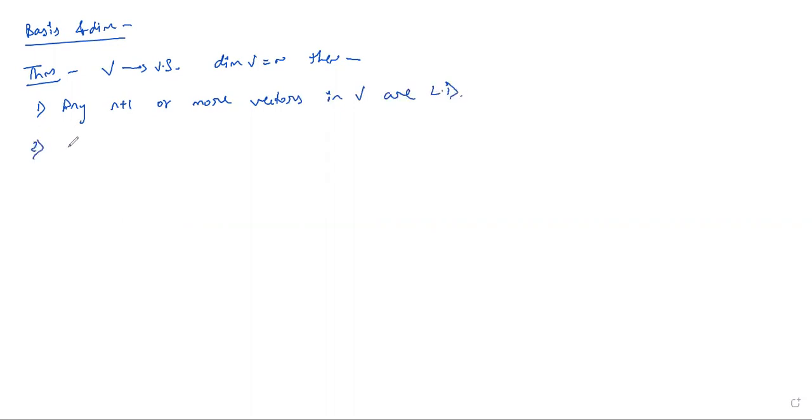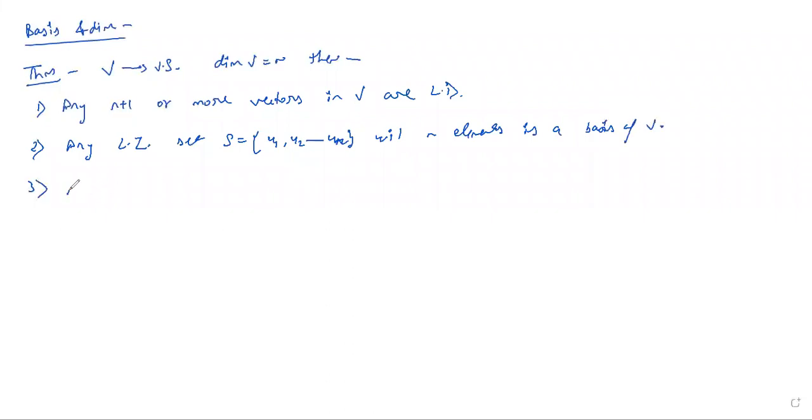The second statement is that any linearly independent set S equals u1, u2 to un, with n elements, is a basis of V.